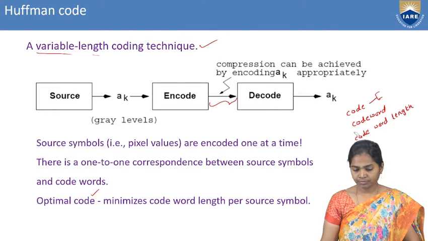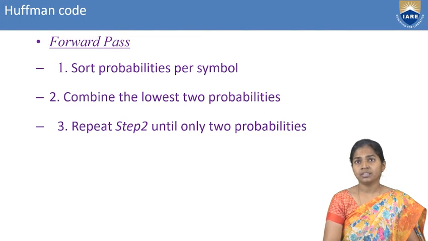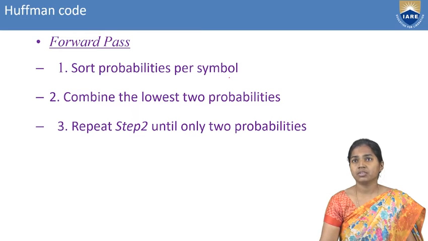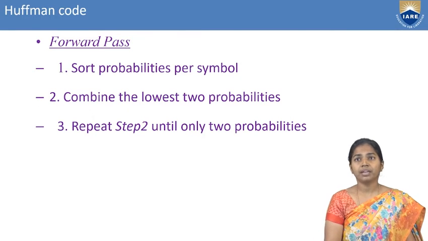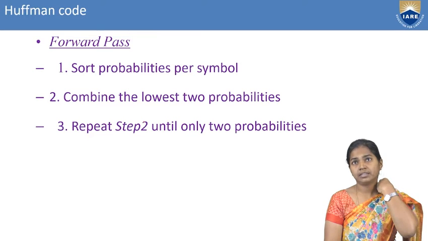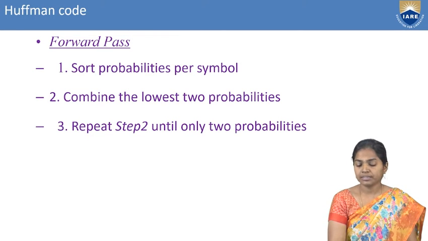What are the steps involved in Huffman code? First, sort probabilities per symbol. Next, combine the lowest two probabilities.